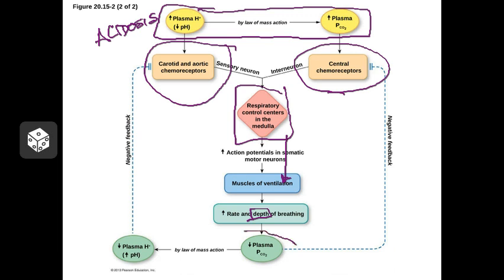That lowers plasma partial pressure of carbon dioxide, which in turn lowers plasma concentration of hydrogen, which means the pH is brought back up to normal. This is the respiratory mechanism.